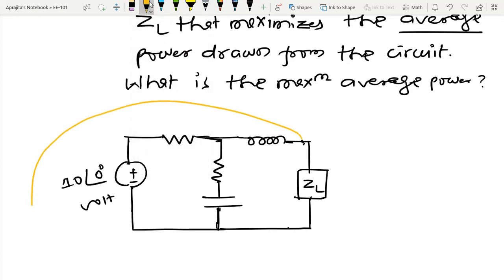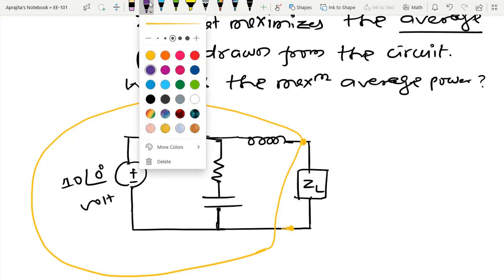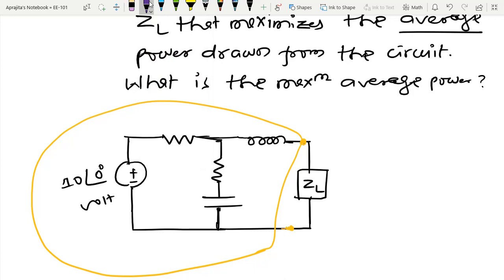This is one part of the network, and the load is connected at these 2 points. So I have to adjust this value ZL, and let us write the numerical values. You can put any arbitrary value, that doesn't matter.